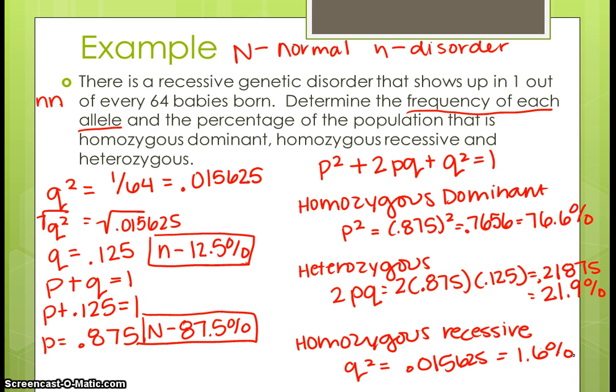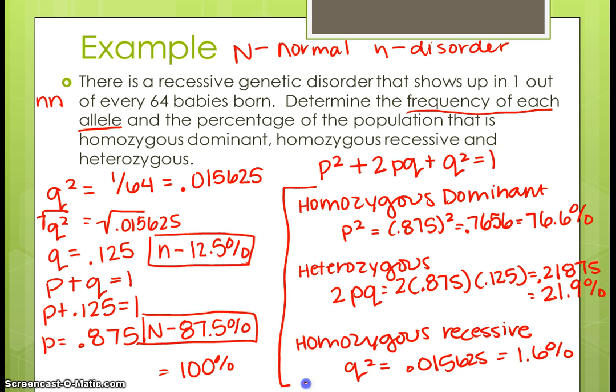Now, the nice thing about Hardy-Weinberg problems is that everything equals 1. So you can take the allele frequency of the recessive allele and the allele frequency of the dominant allele, and if we add 12.5 plus 87.5, we should get 100%, and we do.